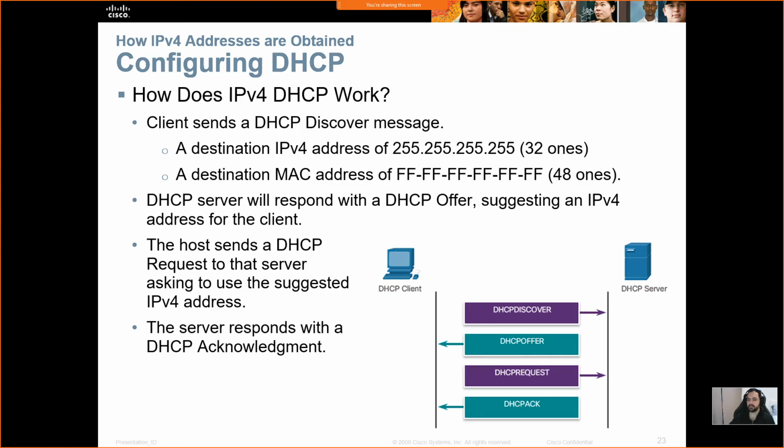The server will send a message back acknowledging that. After this DHCP process is finished, the client now has an IP address, and is now able to communicate using the IPv4 address that has been assigned to it. Hope that's all clear to you guys.